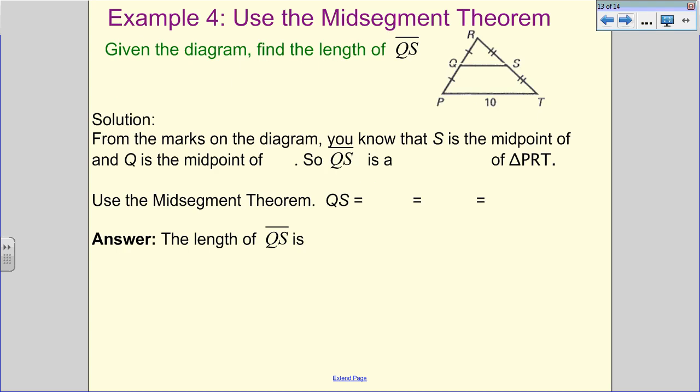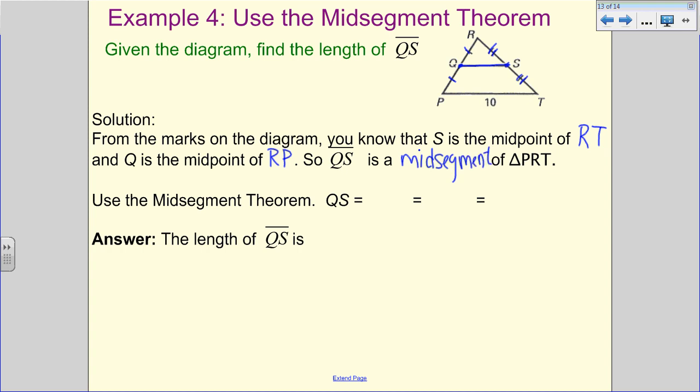All right, so how do we use that? They want us to find the length of QS. In the diagram, we know that S is the midpoint and Q is a midpoint because of our congruency marks. Okay, S is the midpoint of RT, and Q is the midpoint of RP. So QS is what we would call a midsegment of triangle PRT.